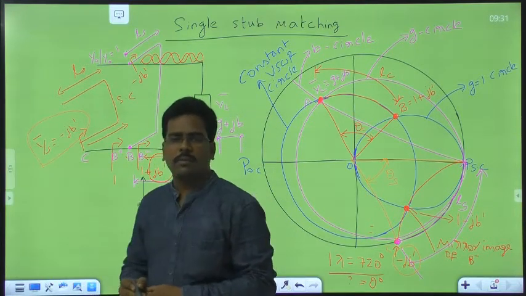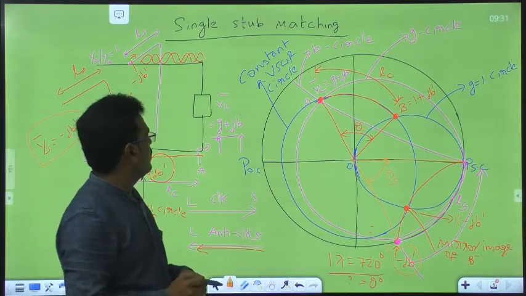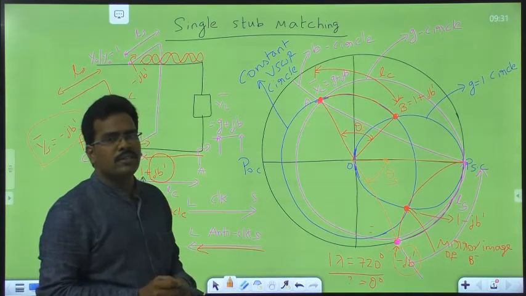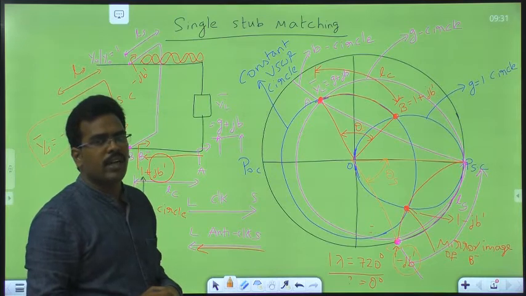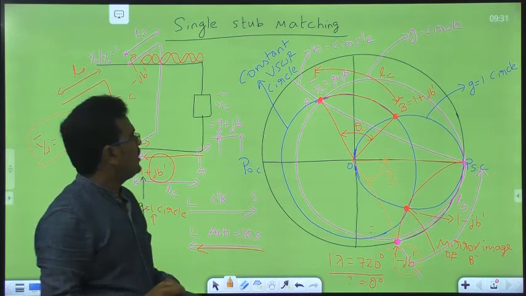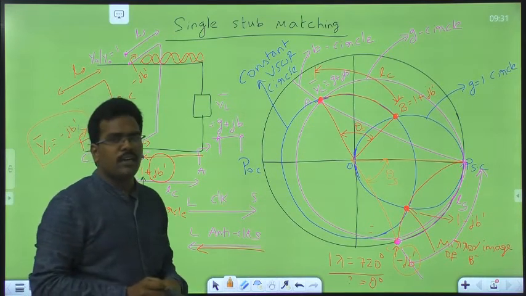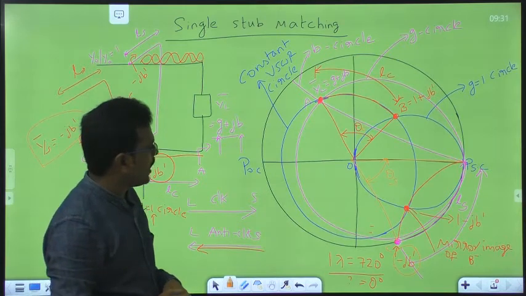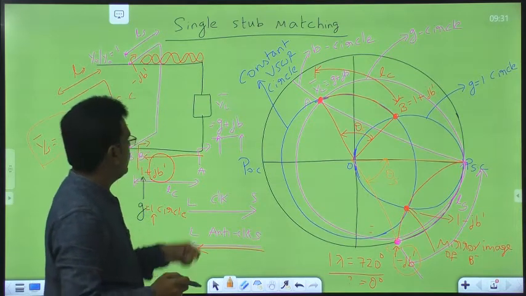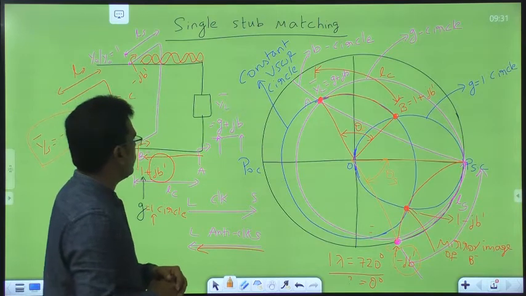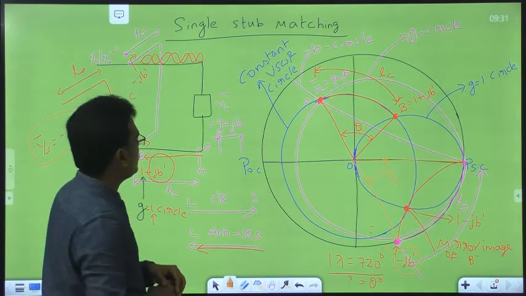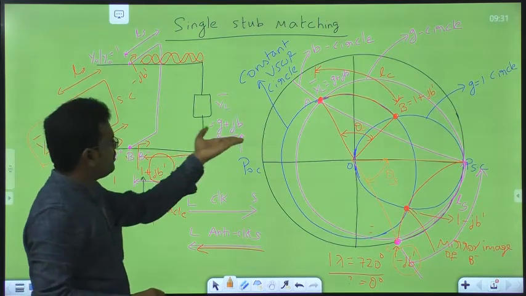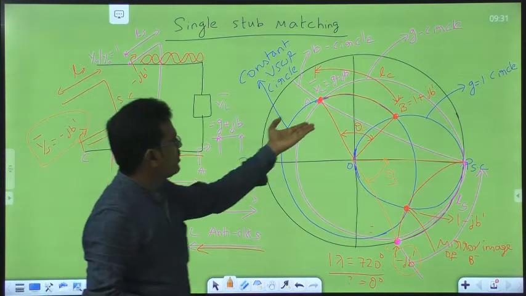So this is the procedure to find impedance matching with the help of the single stub matching technique using a short circuited stub connected in parallel to the main transmission line. Another point here is the drawbacks. The drawback in this method is that as the load impedance varies, the location of the stub varies.